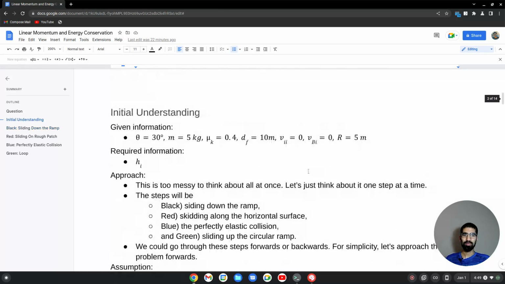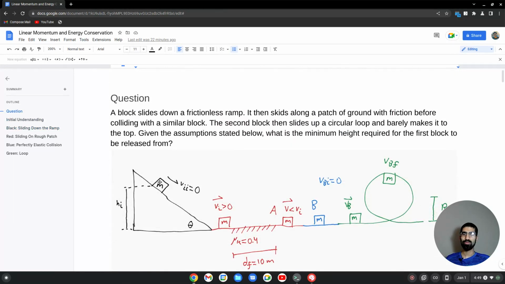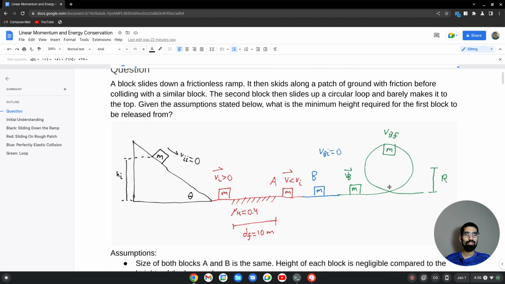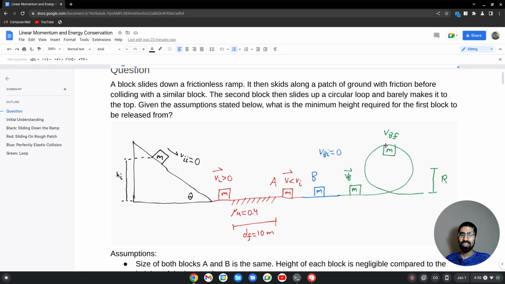Again, context: block A fell from some height, had some velocity, lost some due to friction, and didn't lose any in the perfectly elastic collision, it transferred all of it to block B. So now we can just ignore the collision, because all we care about is block B going through this last loop-de-loop part, and we want to figure out how that affects the loss of energy, because it's going to lose some energy.